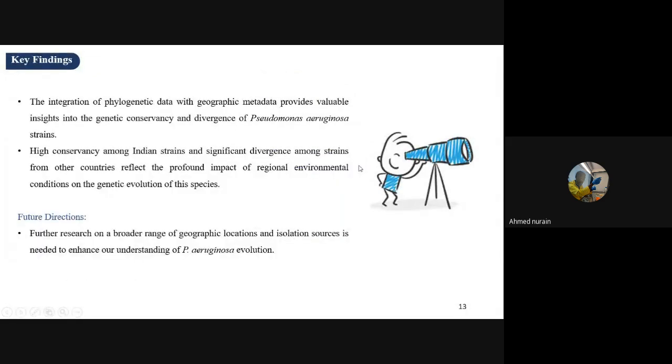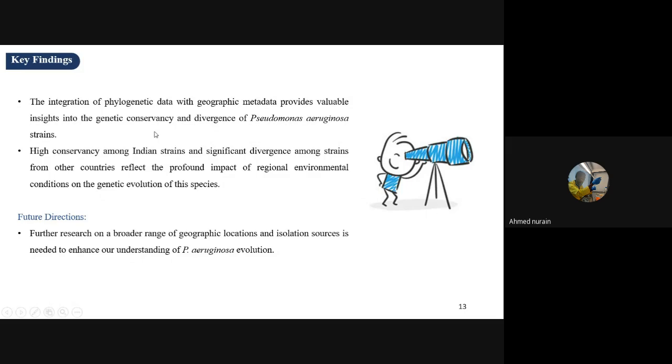So our key findings for this research work is that, first, the integration of phylogenetic data with geographic metadata provides valuable insights into genetic conservancy and divergence of Pseudomonas aeruginosa strains, and also the high conservancy among Indian strains and significant divergence among strains from other countries reflects the profound impact of regional environmental conditions on the genetic evolution of this species.